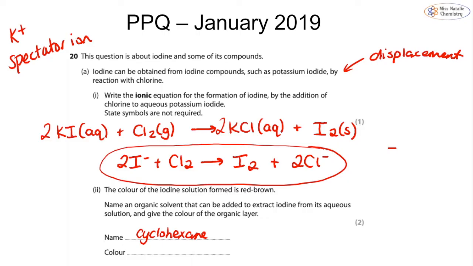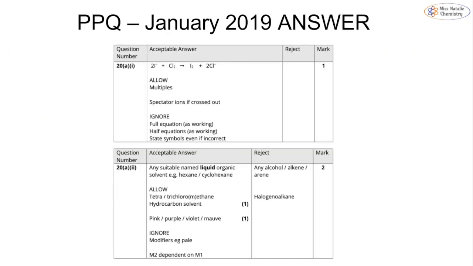You cannot use an alcohol or any of the alkenes, but anything like cyclohexane, hexane, heptane, anything like that. And the colour for iodine is going to be purple. They will also accept pink, violet, or mauve. And there you can see the answer for the 2019 paper.